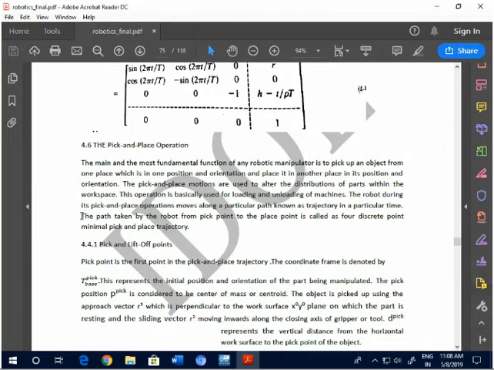The coordinate frame is denoted by T raised to pick by T base.